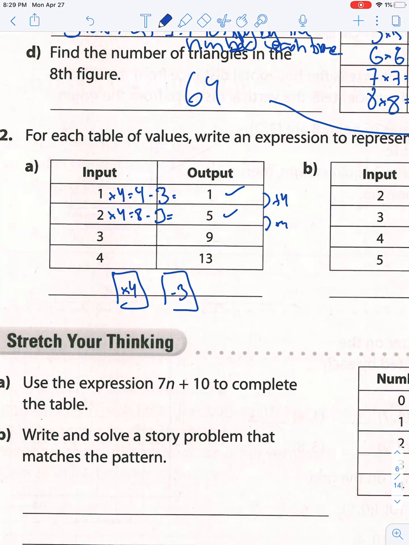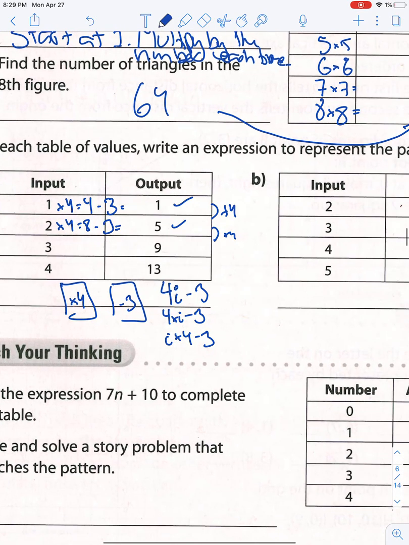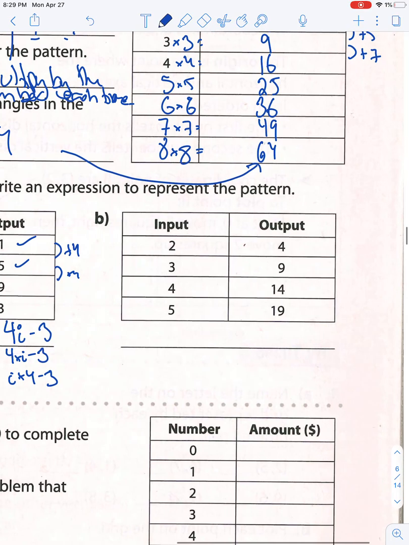Okay, that's going to be it. So our expression then is 4i minus 3. Or you can say 4 times I minus 3, or I times 4 minus 3. Any of those.